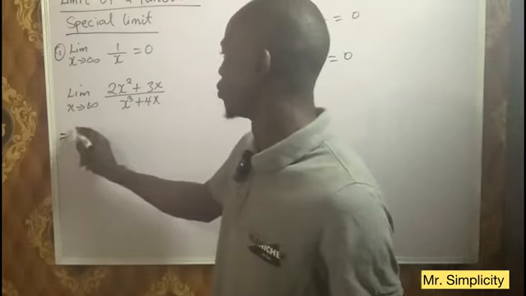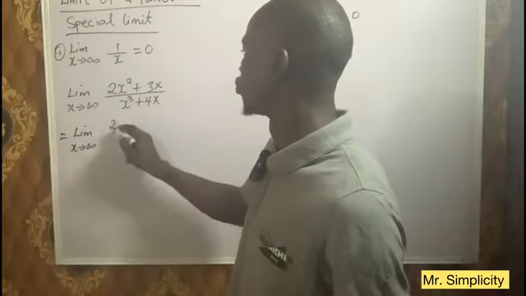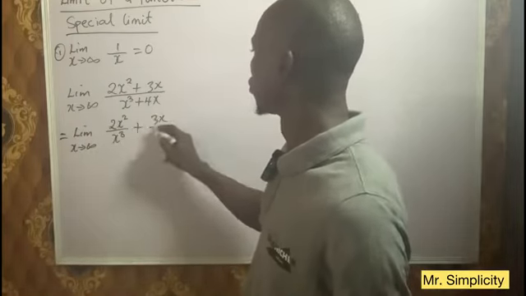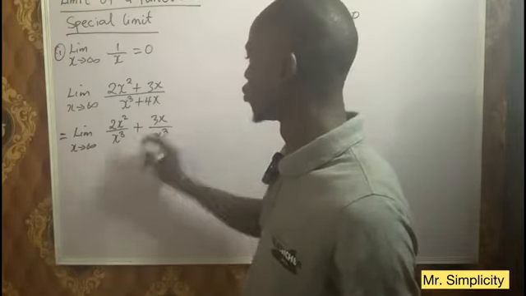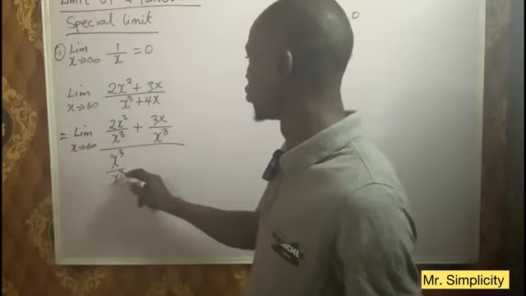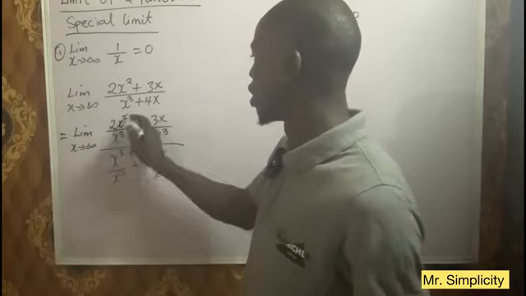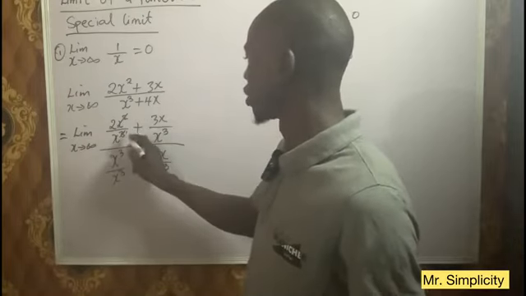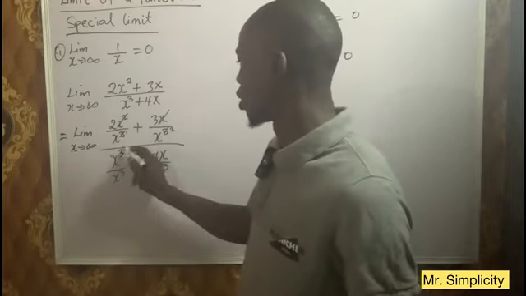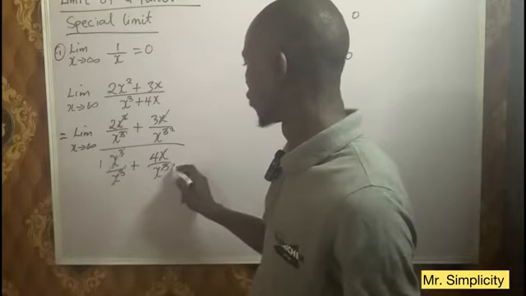So this will become the limit as x tends to infinity of 2x squared over x cubed plus 3x over x cubed for the numerator, all over x cubed over x cubed plus 4x over x cubed. x squared will reduce x cubed to just x raised to 1. x will reduce x cubed to x squared. x cubed cancels x cubed, we have 1 left. x into x cubed, we have x squared.